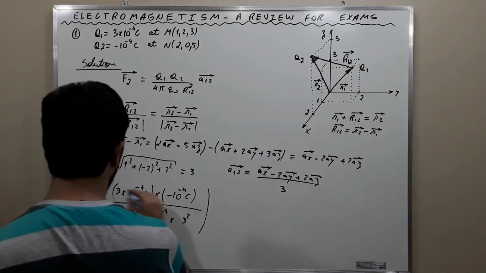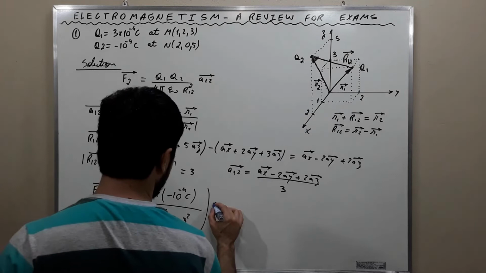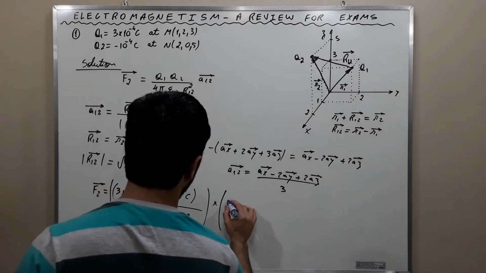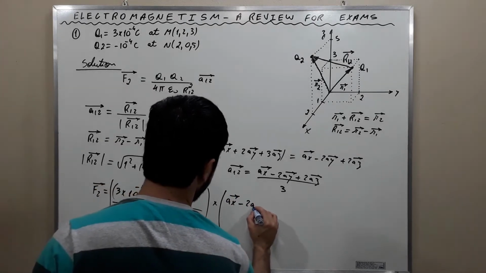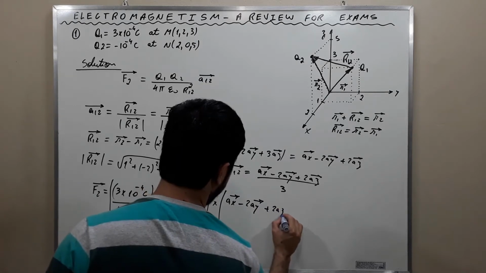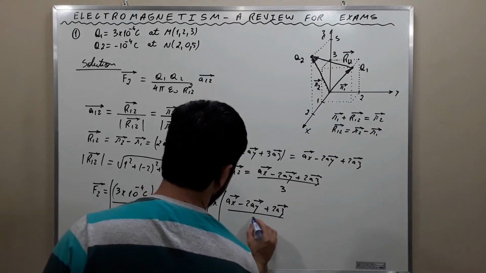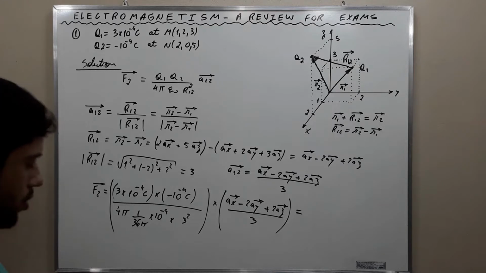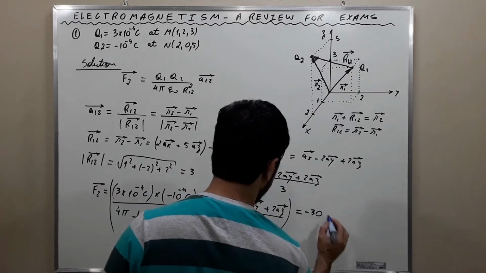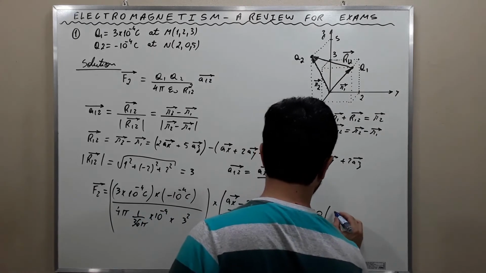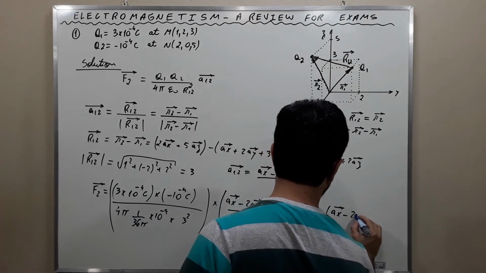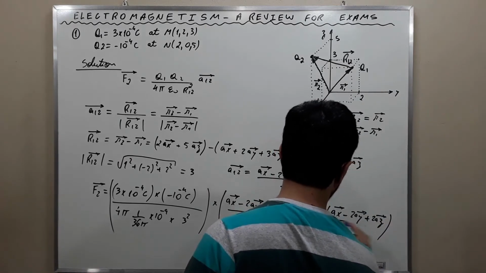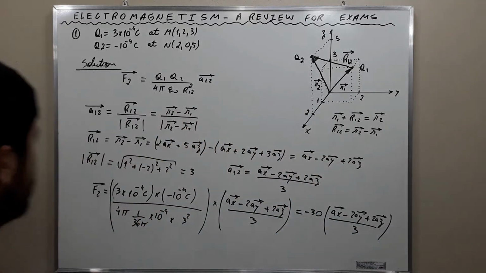And we have to multiply all this by this vector here, which represents the direction, ax minus 2ay plus 2az divided by 3, and this is going to be equal to negative 30 times ax minus 2ay plus 2az divided by 3.